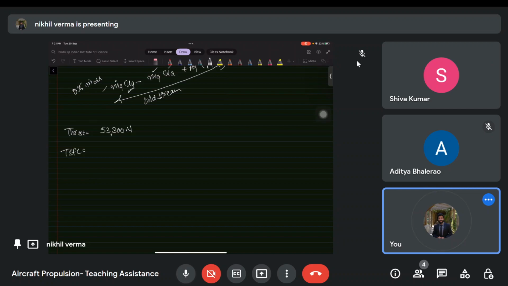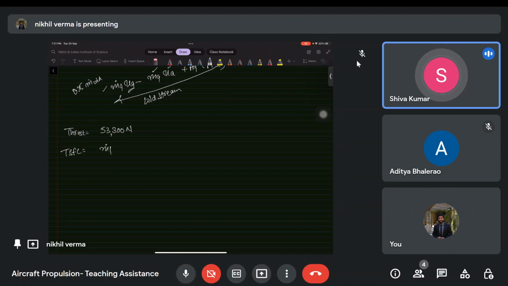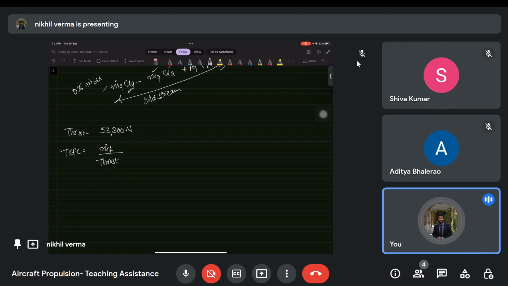So for TSFC, how is TSFC defined? It is the fuel mass flow rate divided by the thrust. If you calculate this, the value will be very small. So what we generally do is write this in terms of hour, so we multiply by 3600, and the unit will be kg per Newton hour.